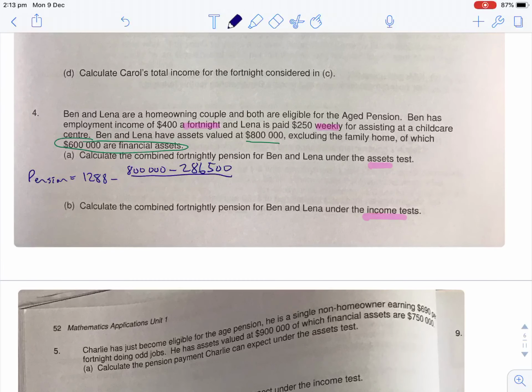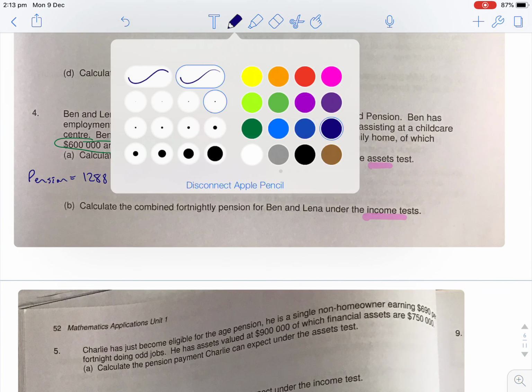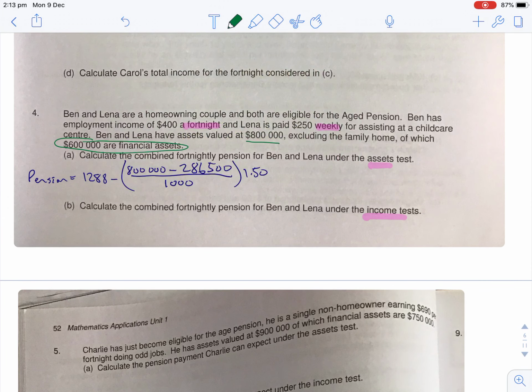I only get penalised for every $1,000 over, so I need to divide that amount by 1,000, and I would times each of those thousands by $1.50. That gives me basically a deduction here. I'll just change colours so you can keep track of what I'm doing. The deduction here was worth $770.25 a fortnight, or roughly $770.